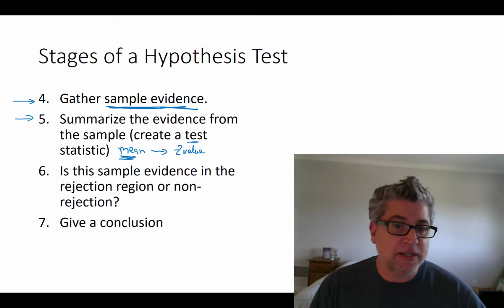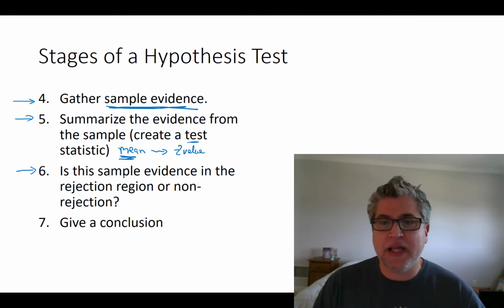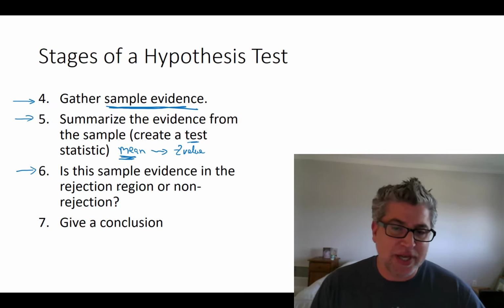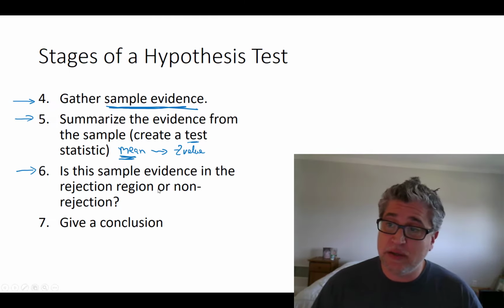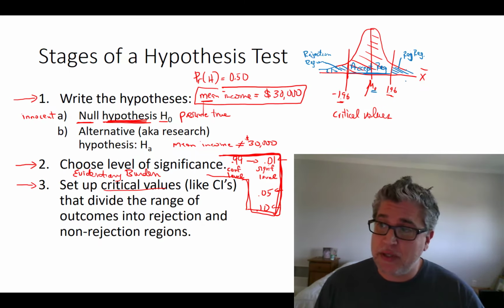So gather your data, summarize your data, and then ask yourself, is this statistic that we calculated, is this sample average different from what you'd predict? These are the range of possible sample averages that we would get if this null hypothesis were true.